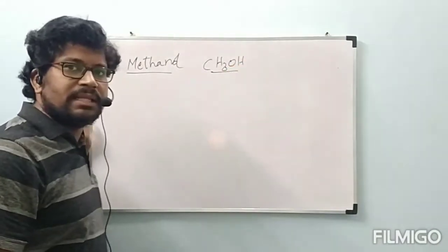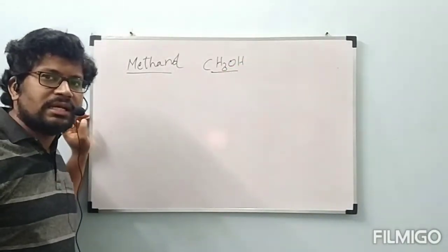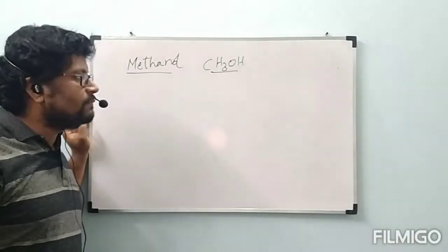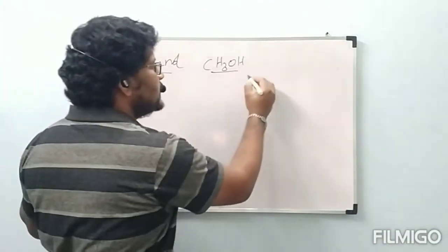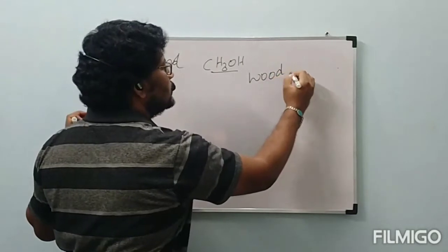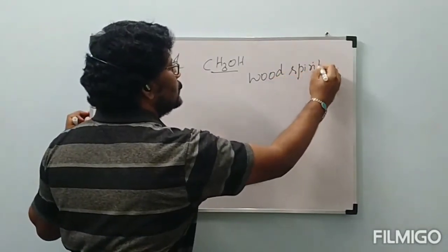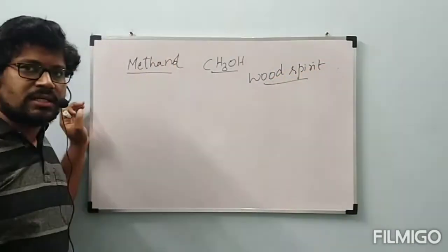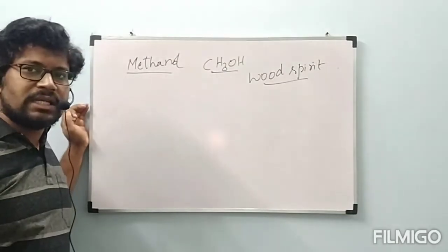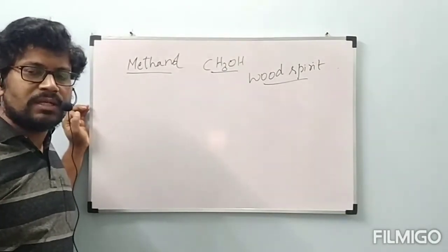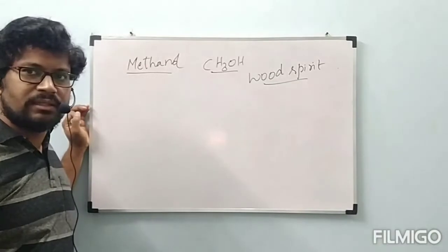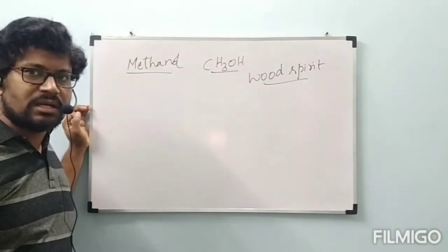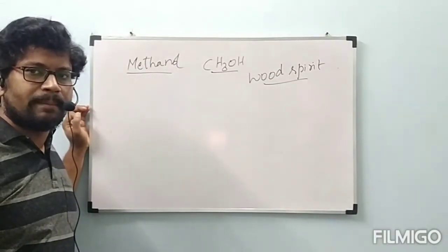The general name is methyl alcohol, which is called wood spirit. Because this is obtained by the dry distillation of wood, that's why it is called wood spirit. The other name of methanol is wood spirit.